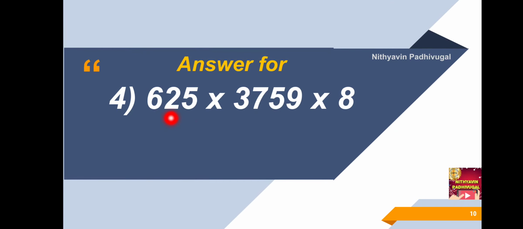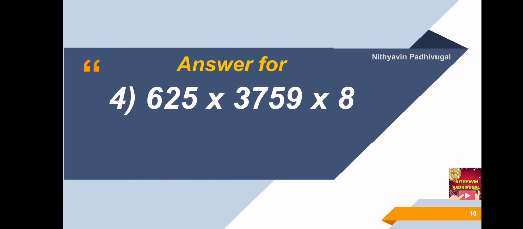Next, problem number 4 is 625 multiplied by 3,759 multiplied by 8. See, here we have 5 in ones place, and here we have an even number. Here we have an odd number. So we choose the number which ends with 5, and this number which is an even number.